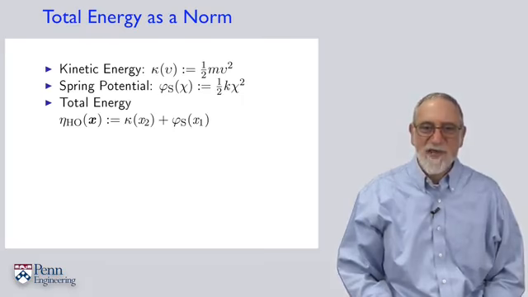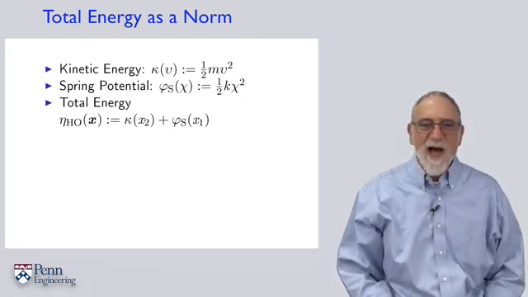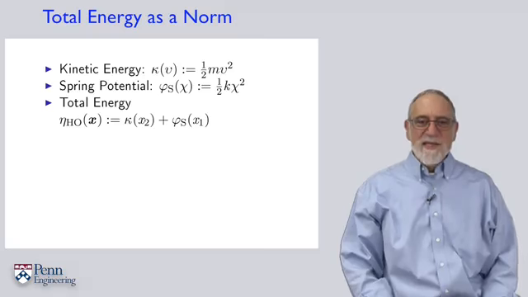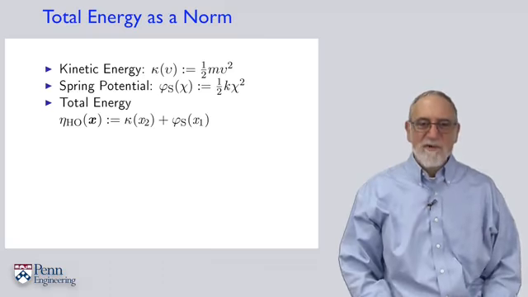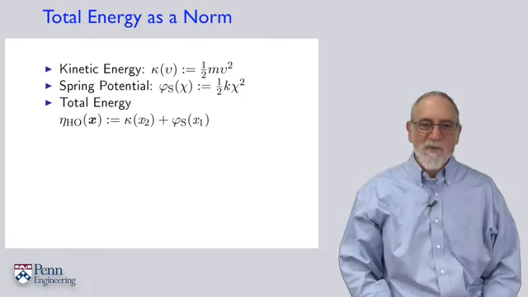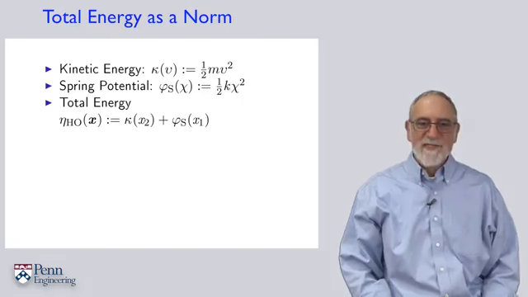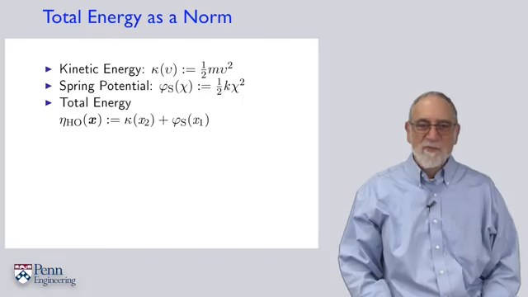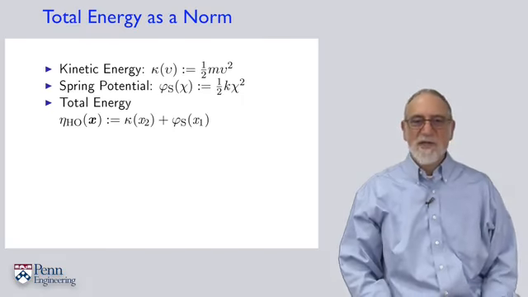X1 is just our old friend, the position chi. I sum these up, and I get a scalar valued function, which I'll label eta in this equation. Eta sub ho means the total energy of the harmonic oscillator, which is a function of x1 and x2, where x2 shows up as the kinetic energy variable and x1 shows up as the potential energy variable.